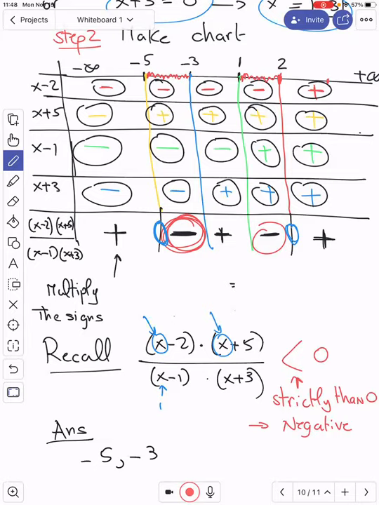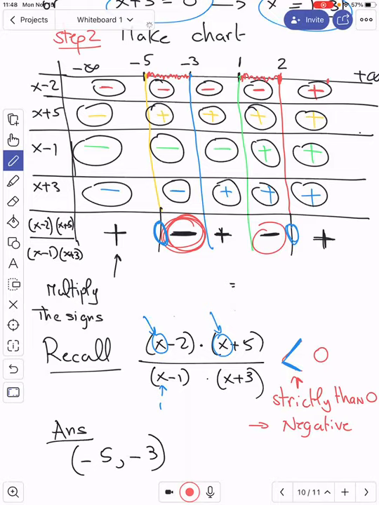So for -5, it has to be strictly less than 0, so -5 is excluded. That will be parentheses. For -3, we don't really care if it's strictly less than 0 or less or equal to 0, because if x is -3, the denominator is going to be 0, so -3 is always going to be excluded anyway.